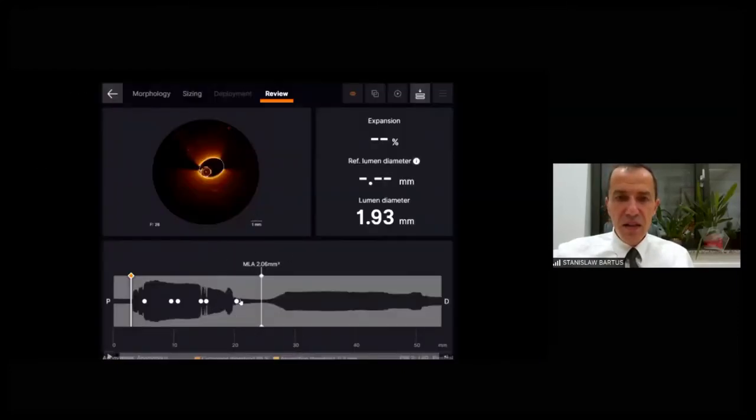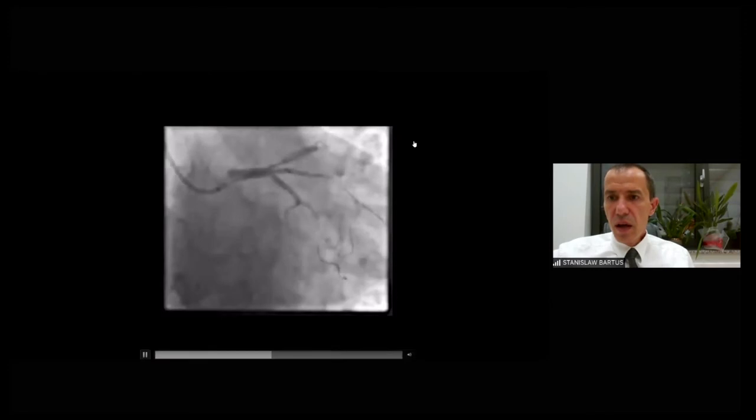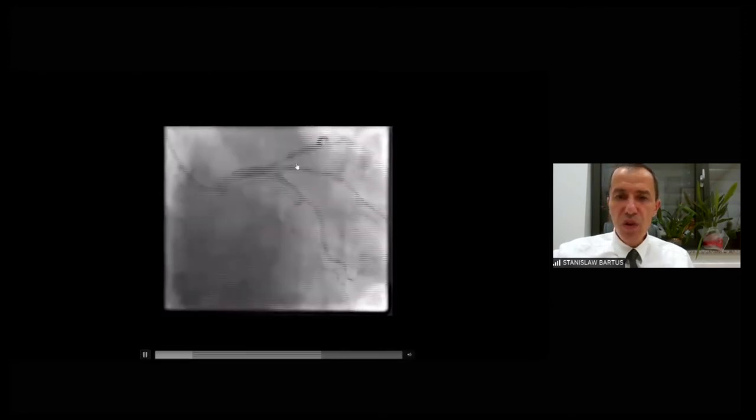In this patient, we decided to use a stent of no more than 23 millimeters, and the proximal reference was 5.2, maybe 5.5, and the distal reference was 3.5.